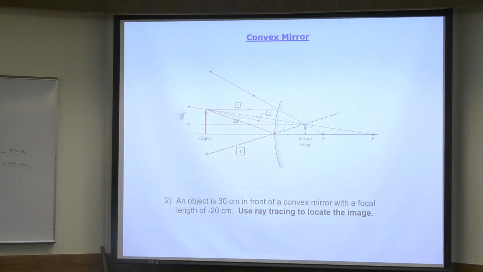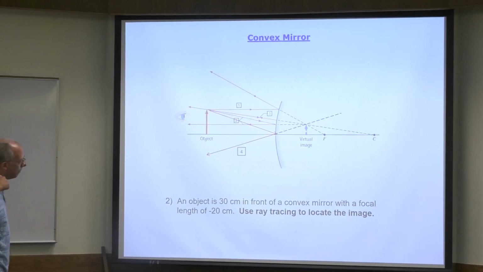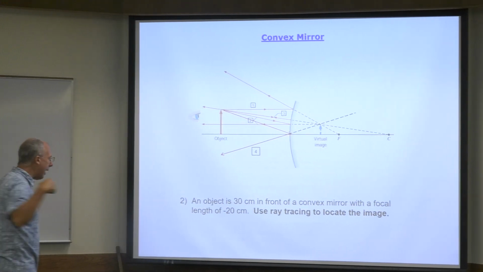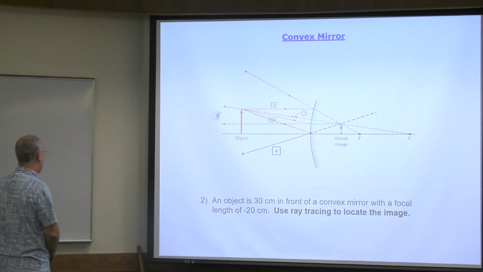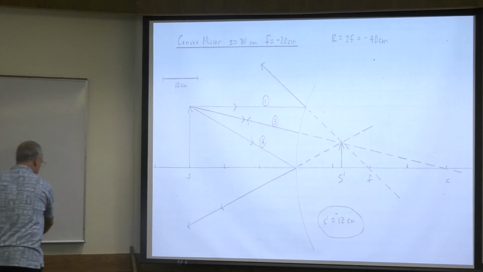Ugh. Convex. Those are the worst ones. But you just got to get used to it. Convex. An object is 20 centimeters in front of a convex mirror with focal length of -20. Ray tracing. Ugh. We can do it. All right, so here is the mirror.